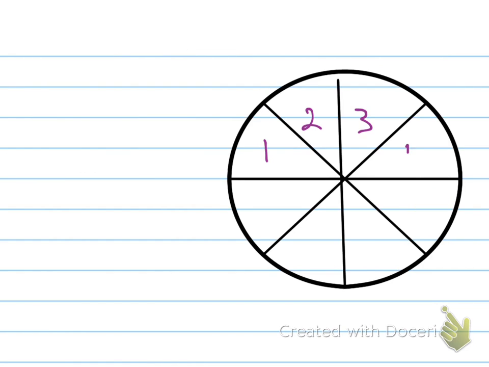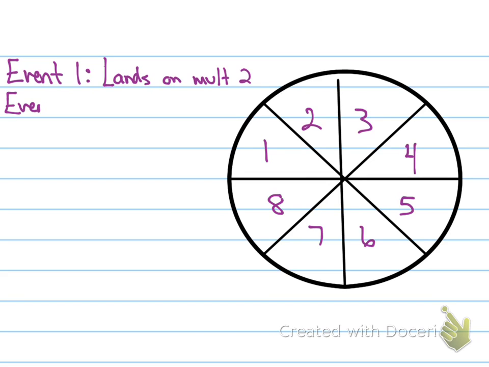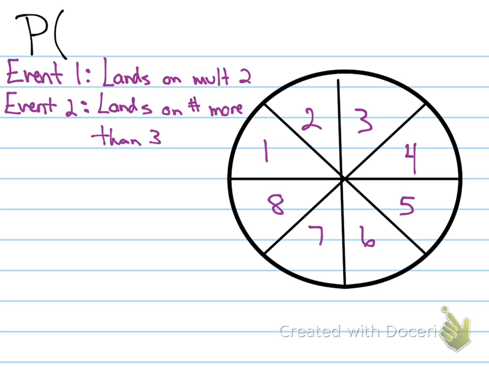Well, now let me ask you this, okay? So you're going to have a couple scenarios tomorrow on your test where you'll be looking at the numbers on a spinner and given 2 different events. So find the probability of A or B. Okay, here's what I'm trying to find: the probability of A or B, or basically event 1 or event 2 happening.